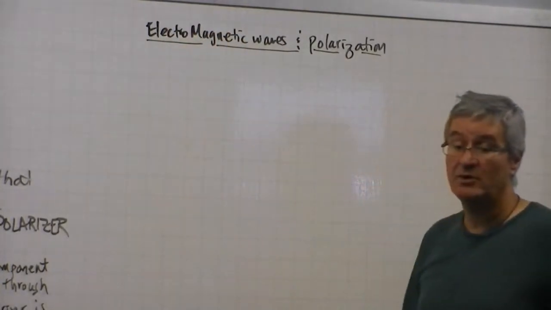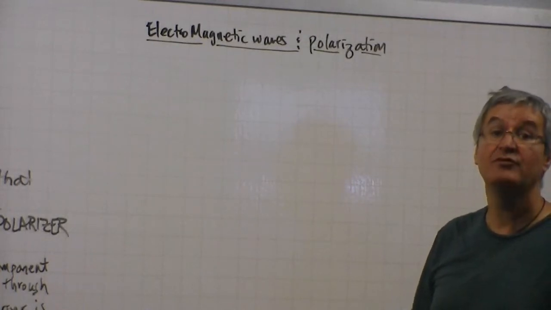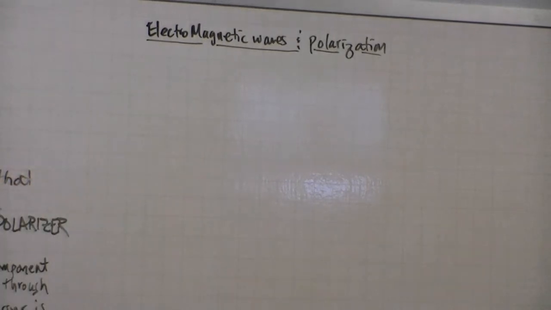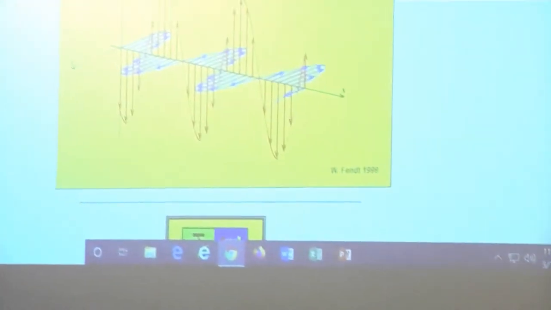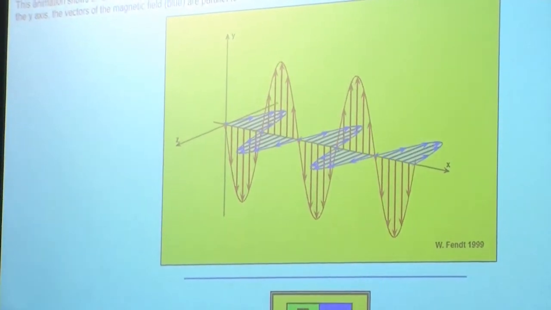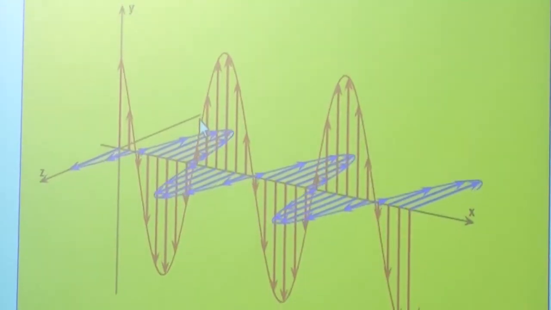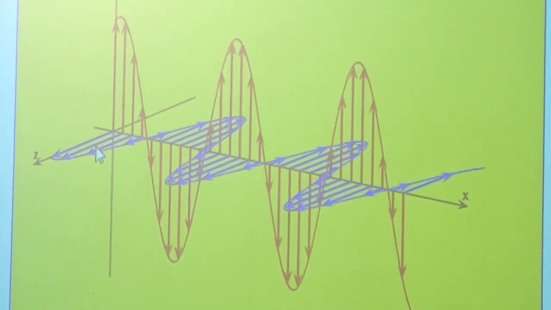The first thing I want to remind you is that I want to go back to the image of the electromagnetic wave. So let me bring this up. Is that right? Yeah, I can see that. And what you see here on this wave is that the red part is the electric part. The blue part is the magnetic part.